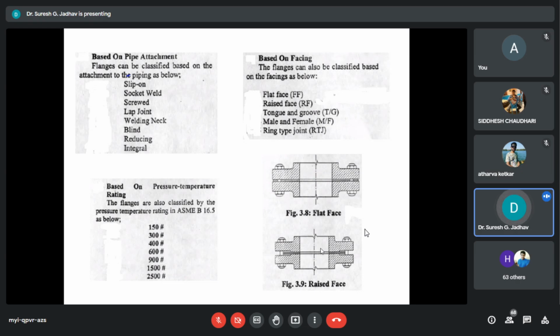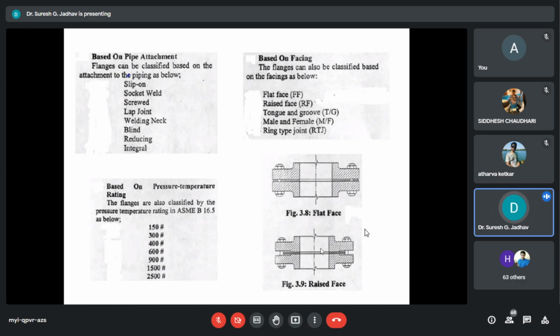For pressure temperature charts, the standard ASME B16.5 specifies the non-shock working gauge pressure to which the flange can be subjected at particular temperatures.